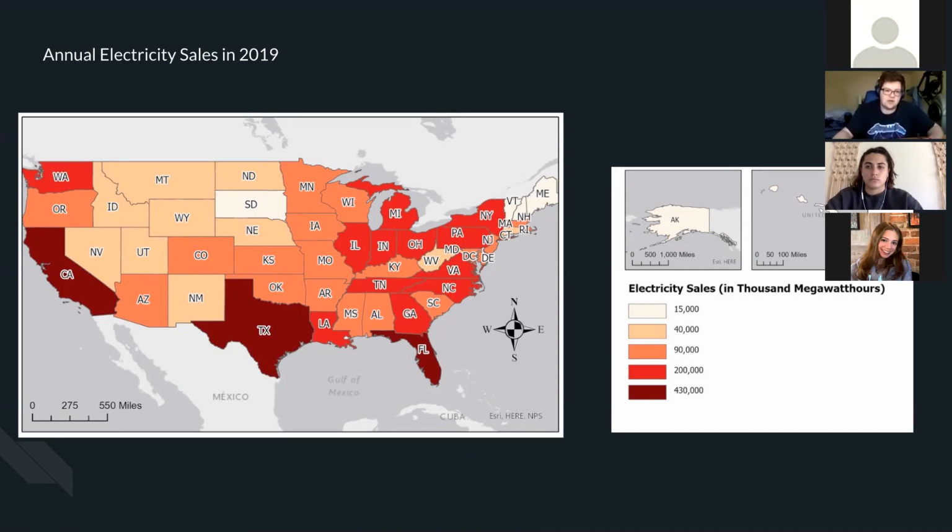Clearly you've got California, Texas, and Florida as the big three, and it makes sense because they have the highest populations. In the Midwest, there's not much going on there. And on the East Coast, you get more in the middle range to upper range.